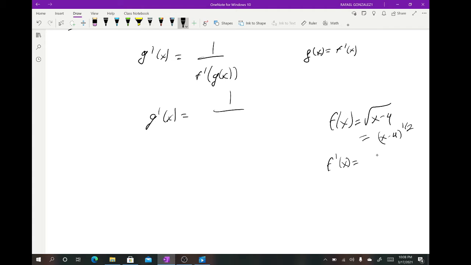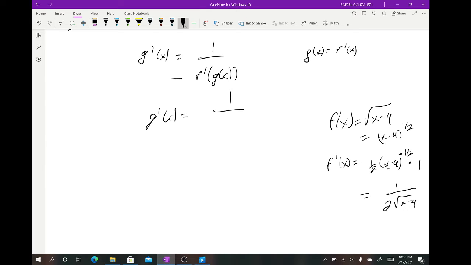So it's equal to 1/2 times x minus 4 to the minus 1/2 times the derivative of the inside, by the chain rule, but the derivative of the inside is just 1. So this is simply 1 over 2 times the square root of x minus 4. That's what the derivative of f is.